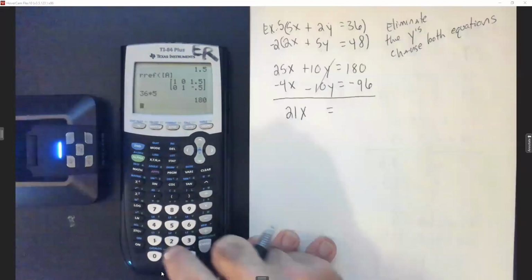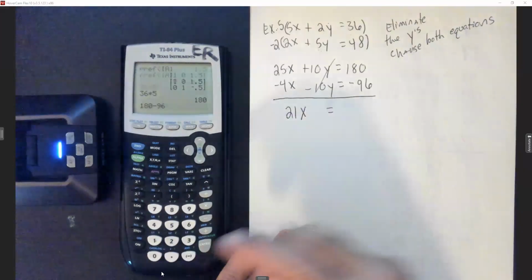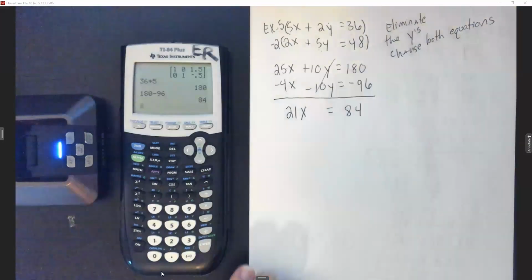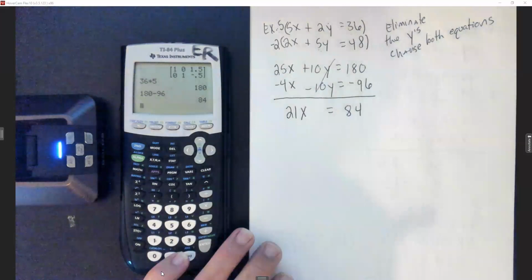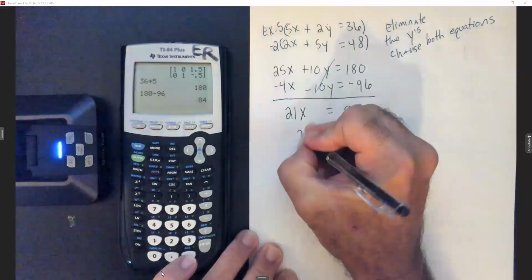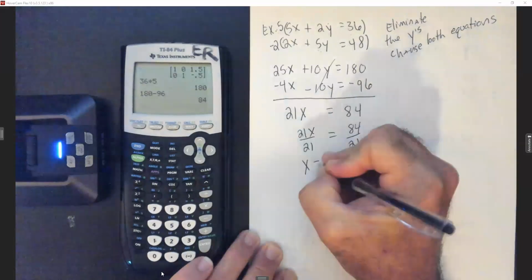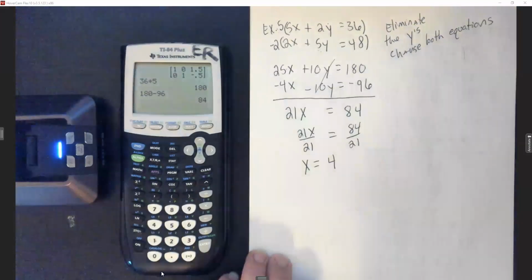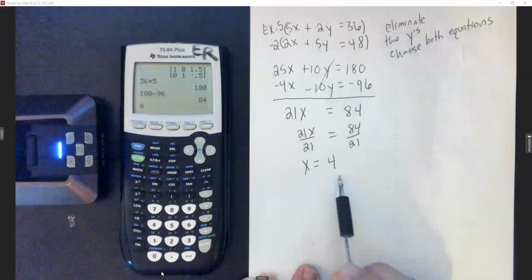And 180 minus 96 is going to give us 84. All right, so one equation, one variable. I'm going to divide both sides by 21. And x is definitely, looks like a 4. So now that I know x is 4, I'm going to back substitute.